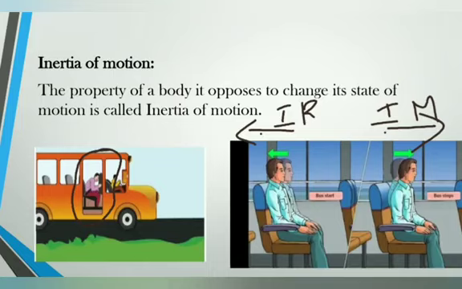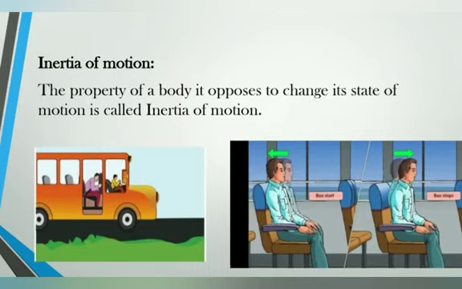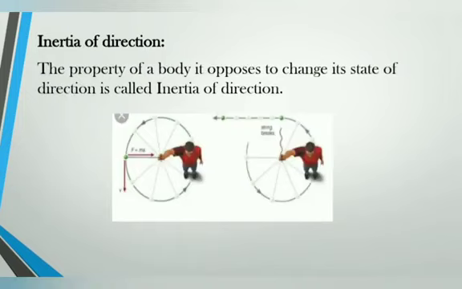The next type of inertia is inertia of direction. It is a property of a body. It opposes any change in its state of direction.